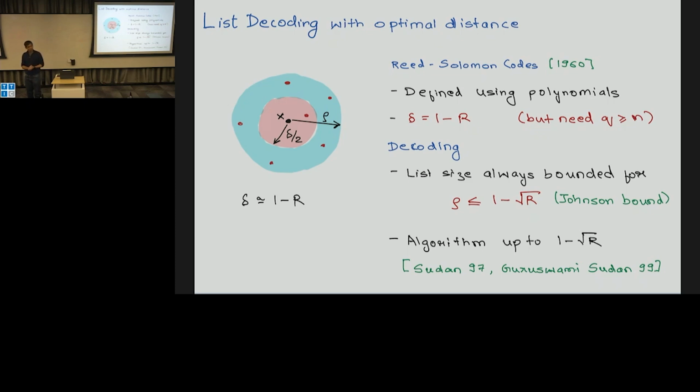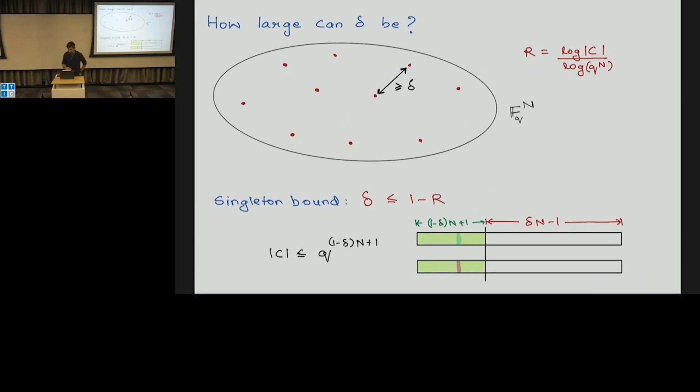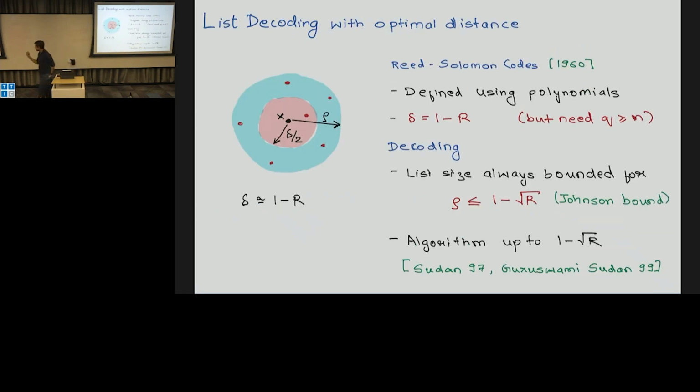But you can still narrow it down to 10 things out of this whole space, which is exponential size, right? Because if the rate is constant, the size of the code also has to be something like q to some constant times n, q to the rn. So list decoding is almost unbelievable: I'm giving you a word that is corrupted almost everywhere, maybe just 10% of things are correct, and I'm not telling you where the correct things are.